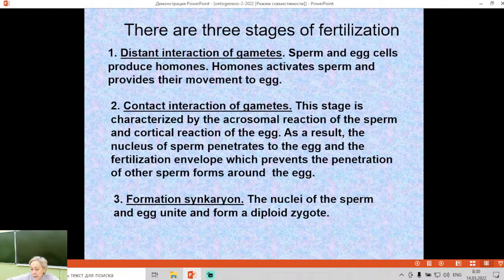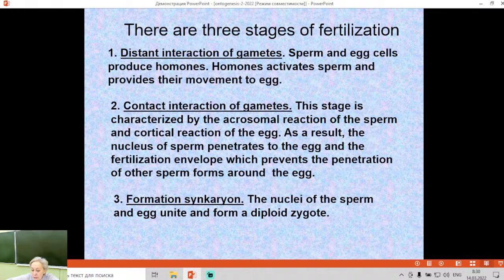There are three stages of fertilization. The first stage, distant interaction of gametes. Sperm and egg cells produce hormones. Hormones activate sperm and provide their movement to the egg. Next stage, contact interaction of gametes. This stage is characterized by acrosomal reaction of the sperm and cortical reaction of the egg.